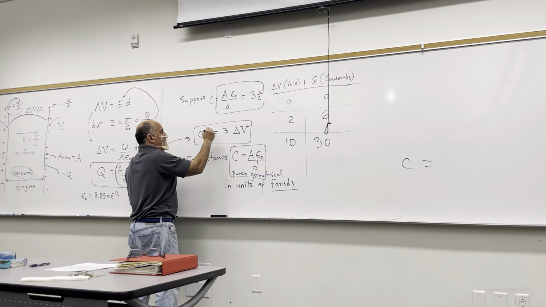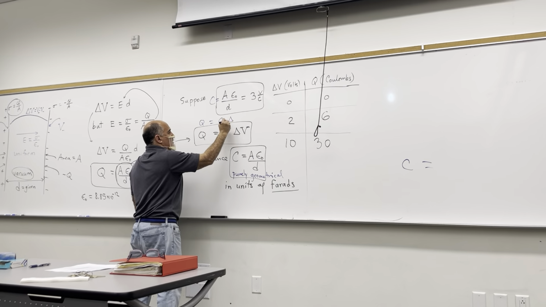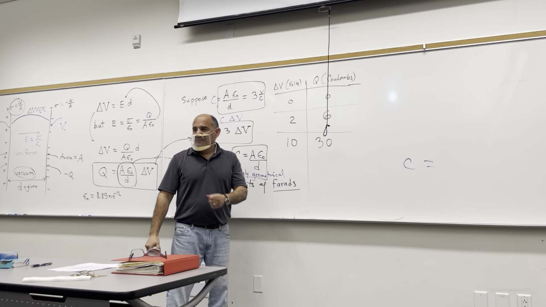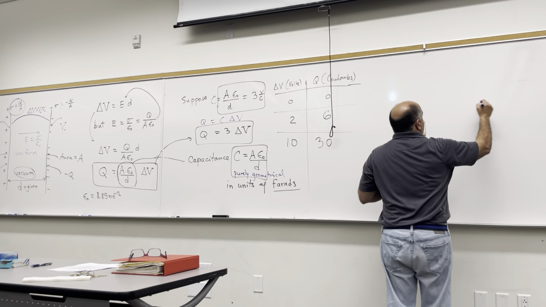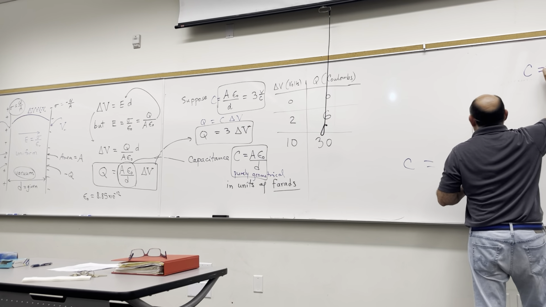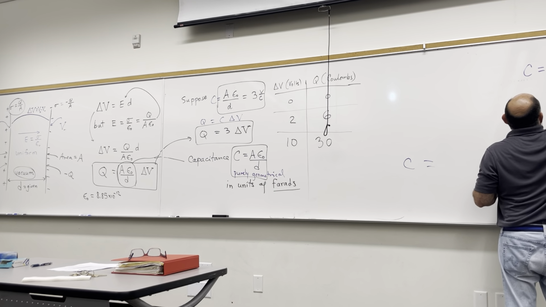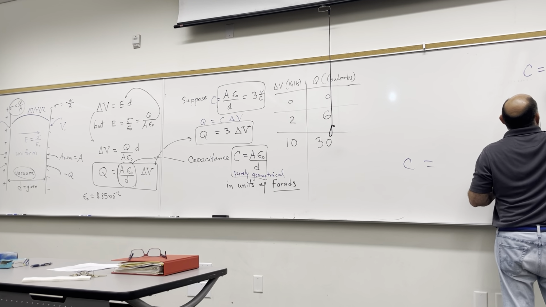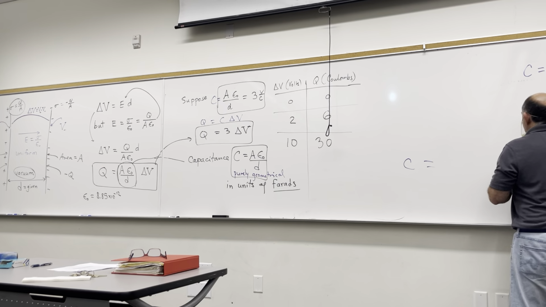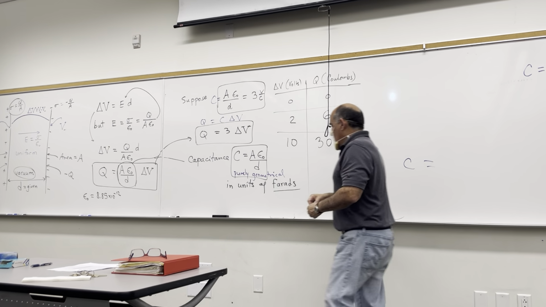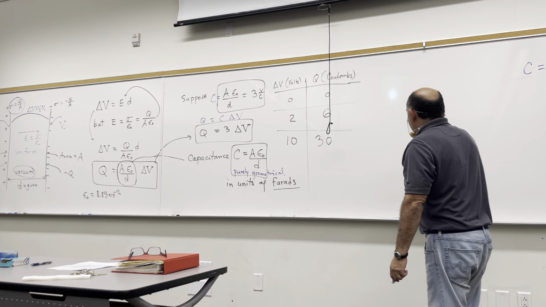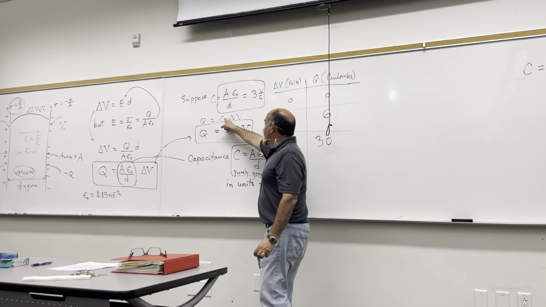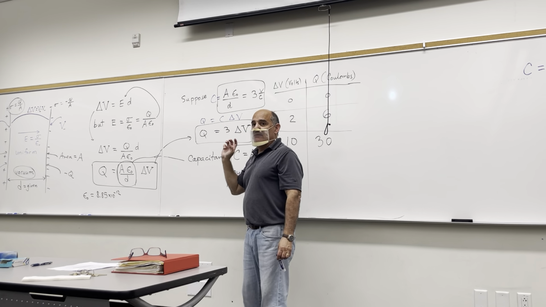The way you say it is Q equals C delta V. And so oftentimes you see the capacitance written like this: C is Q over delta V. It's the same equation as this, right? Yes?